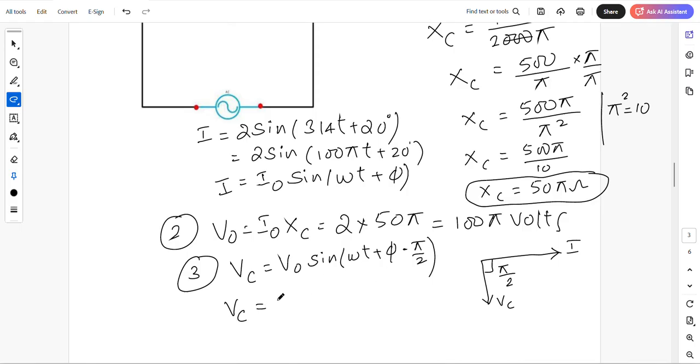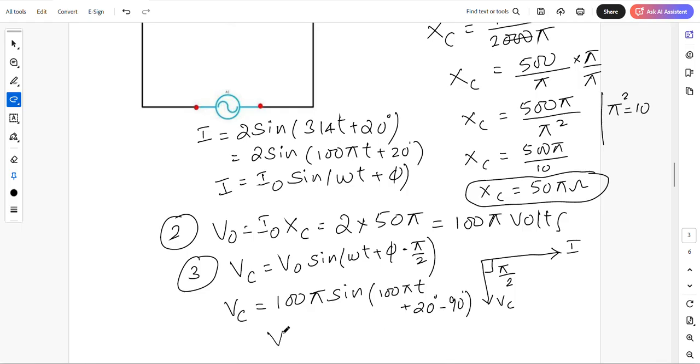Vc is equal to, V naught we just got as 100 pi, 100 pi sine of omega t, and omega is 100 pi, the same value given here. 100 pi t plus 20 degree minus 90 degree. This is lagging.